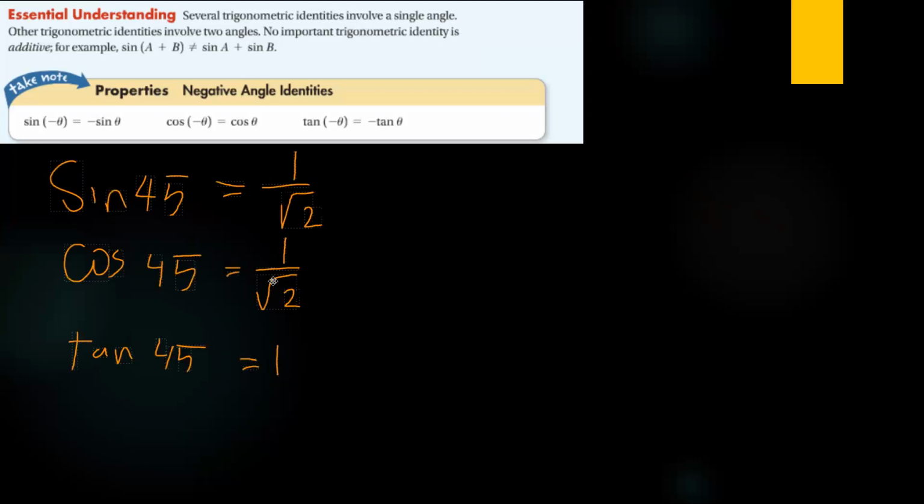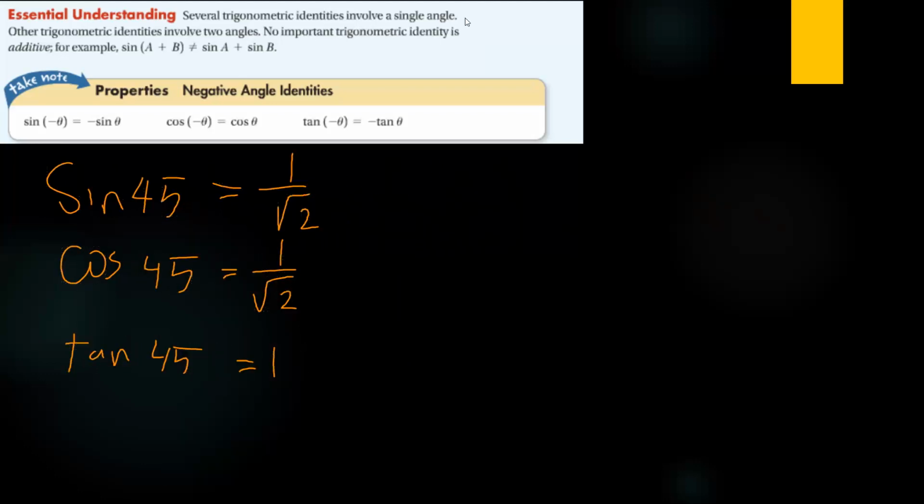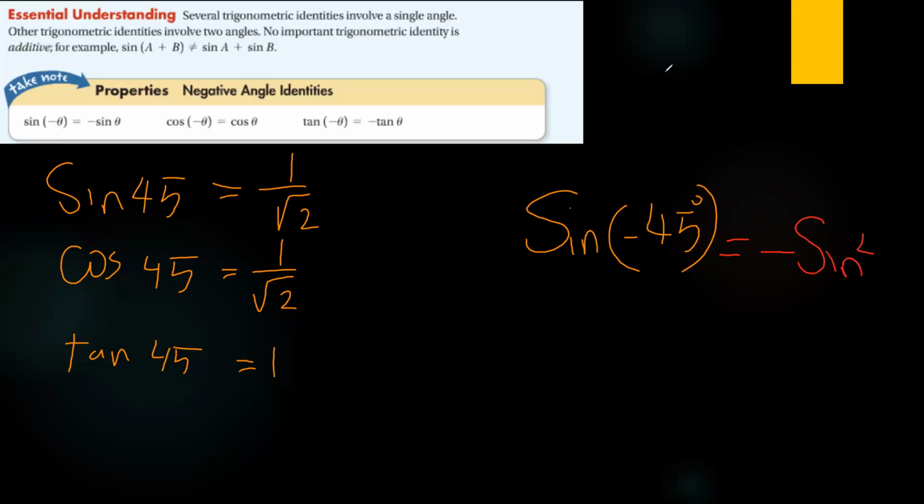If you know these three, and I ask you about sine of negative 45, once you see a negative sign inside a sine, remember the negative angle identities: sine of negative 45 will be negative sine of 45, which is negative 1 over square root of 2.